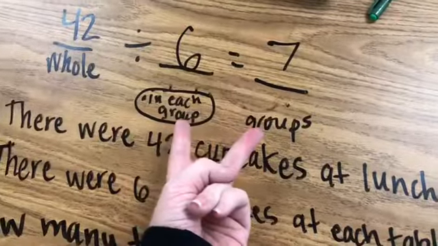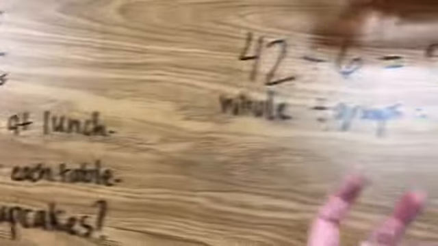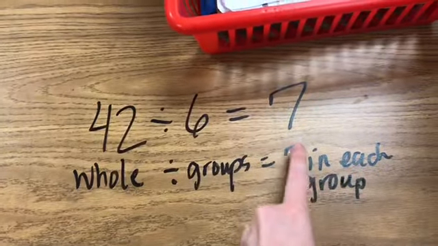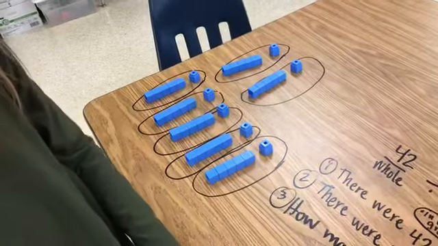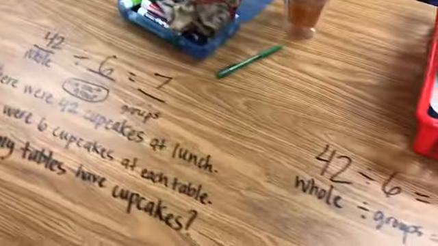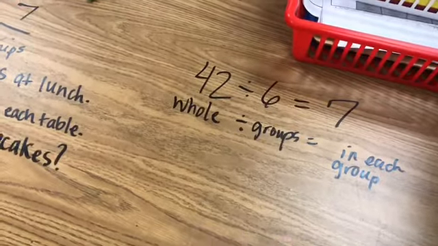So all I'm doing is flip-flopping these. Do you see that? Yeah. Now I have groups, and I don't need to write 7 because it's already there, in each group. So I wonder, is that going to change how our model looks? Yes. Okay, so can you bring those over here and make a model that would match this one?